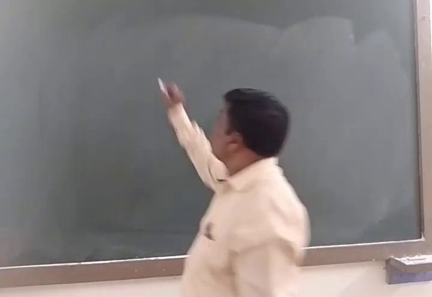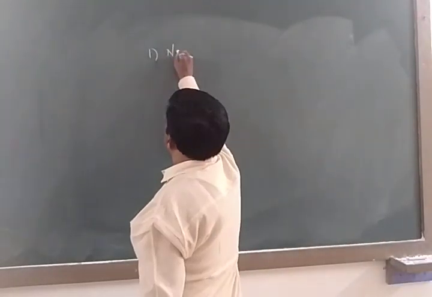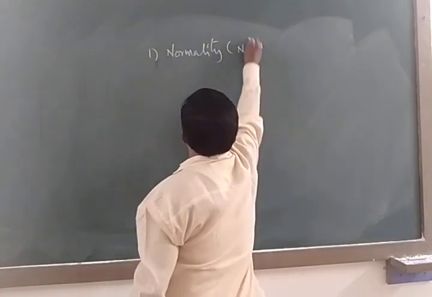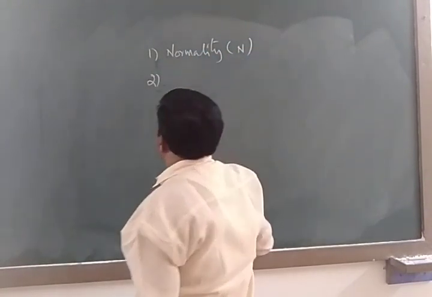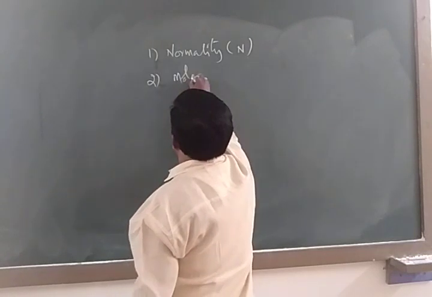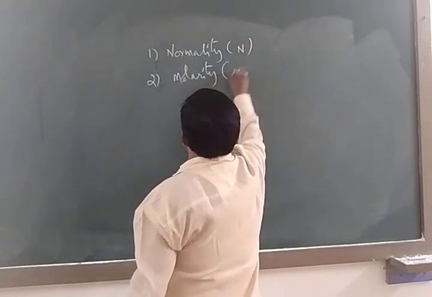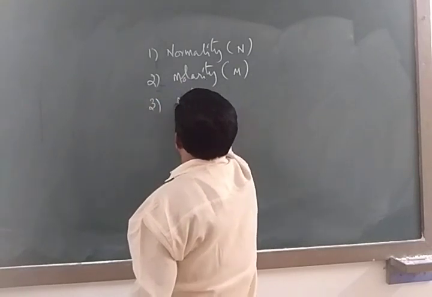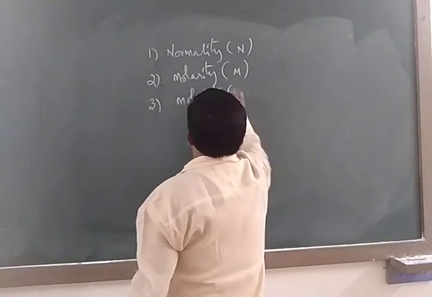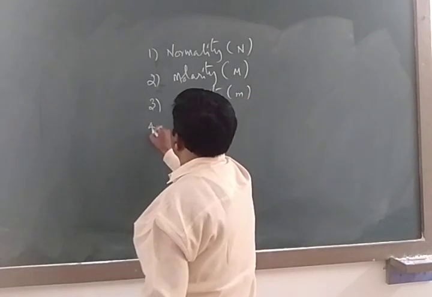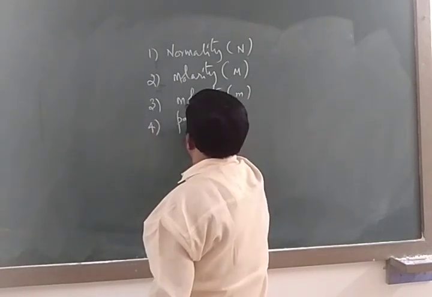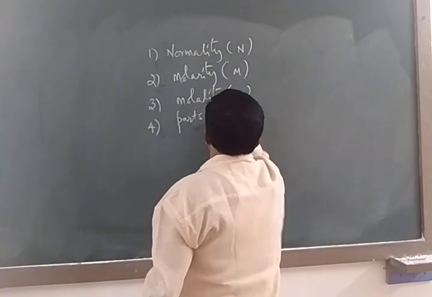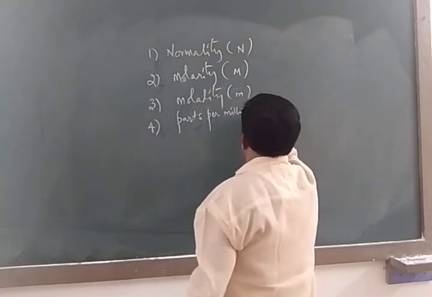That is normality. Second one is molarity. Third one is molality. Fourth one is parts per million.